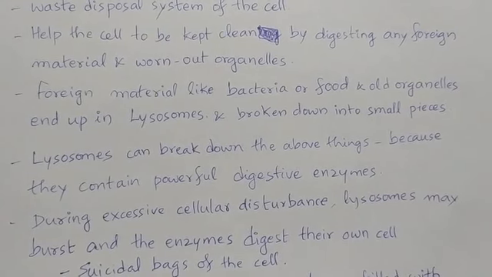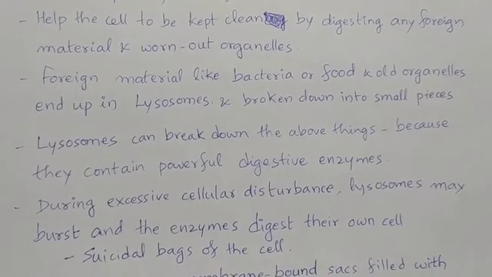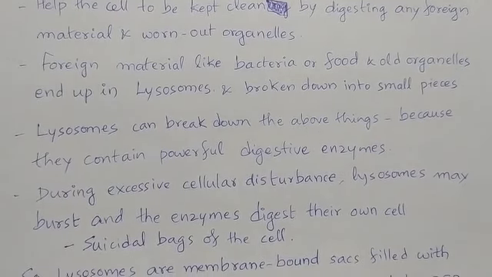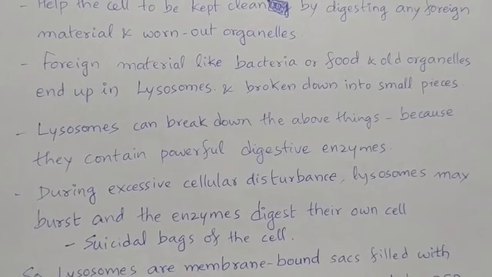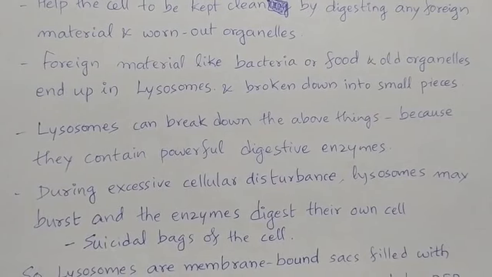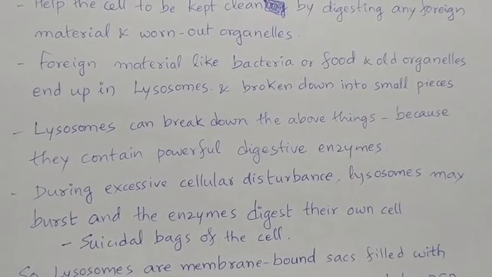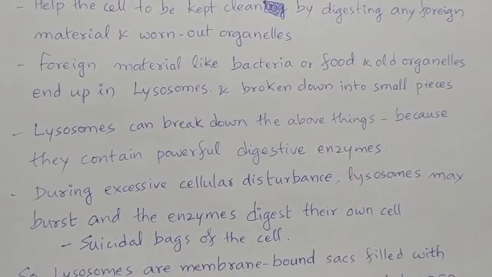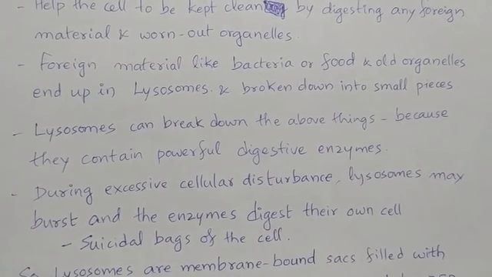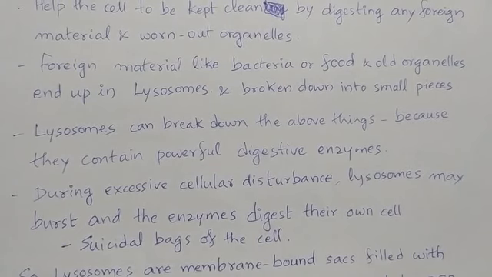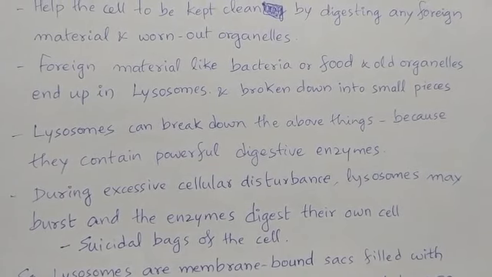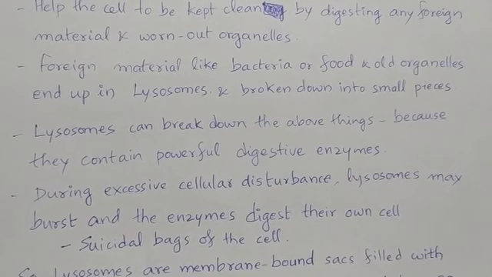During excessive cellular disturbance, lysosomes may burst out and the hydrolytic enzymes digest their own cell and cause the killing of their own cell. That's why they are called suicidal bags of the cell. Why are lysosomes called suicidal bags of the cell?